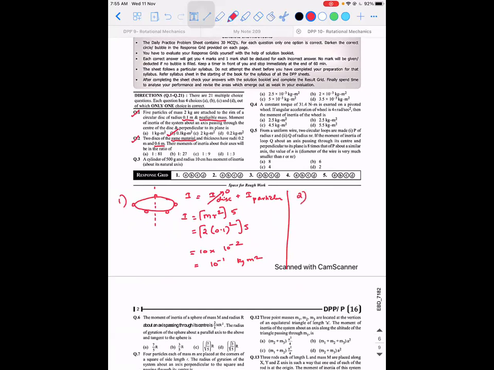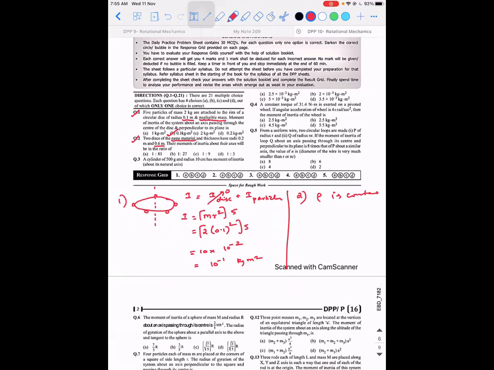Two disks of the same material, density is constant, and thickness 0.2 and 0.6. Then their moment of inertia. See, if it was only disk, then the type of density we would have defined as areal density. Since it's a disk with thickness, we are defining its volume density.